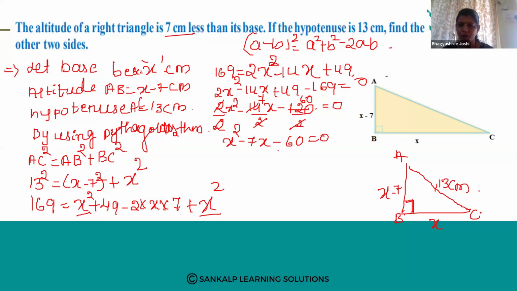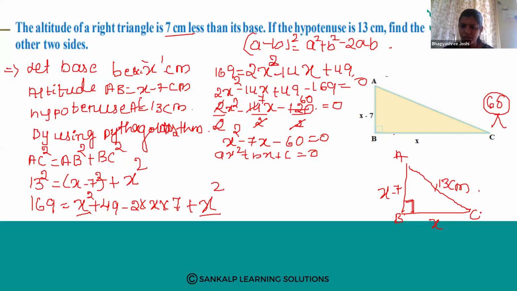Now it is in the form of quadratic equation. So it is ax square plus bx plus c is equal to 0. Now find out the roots for this quadratic equation. So how are you going to find out the roots? Again use factorization method. A into c is 60. Here also we are choosing two numbers such that product should be 60 and middle term is minus 7.